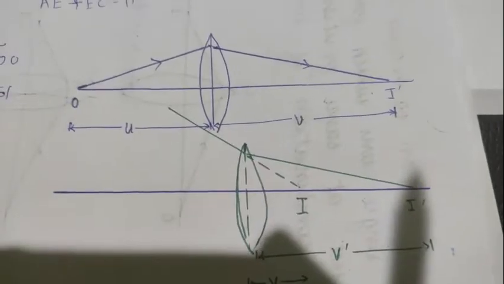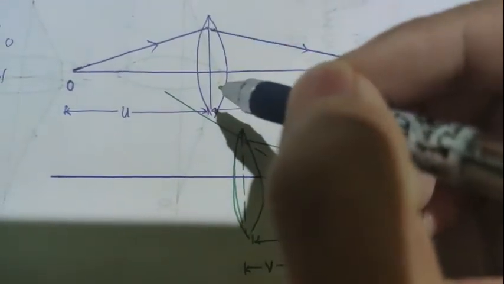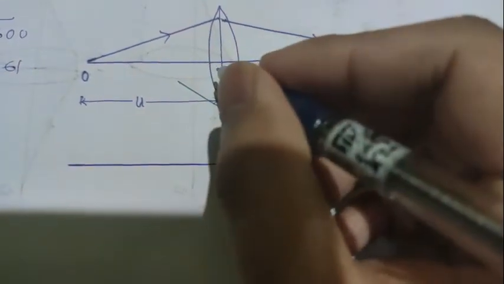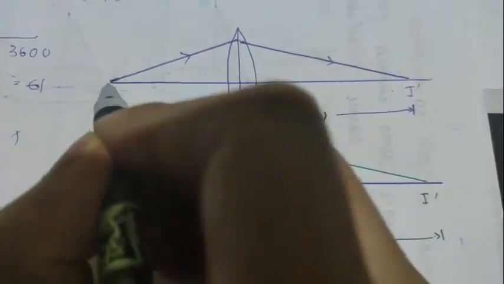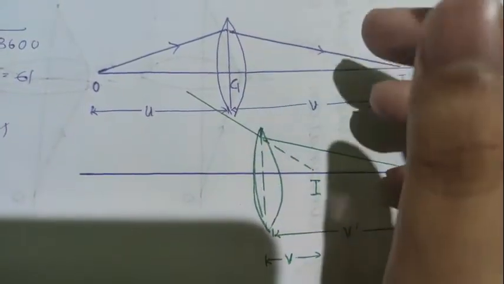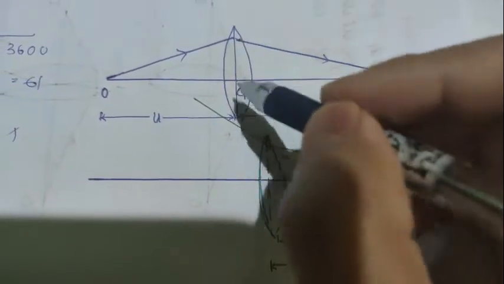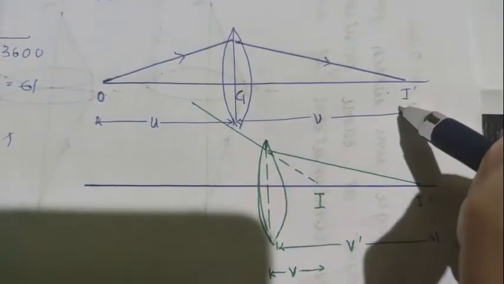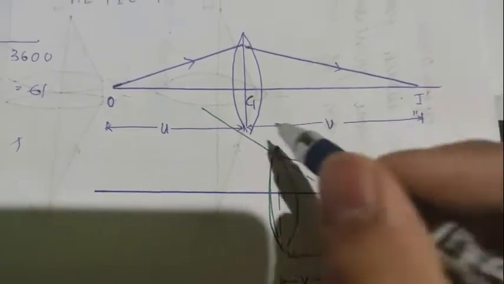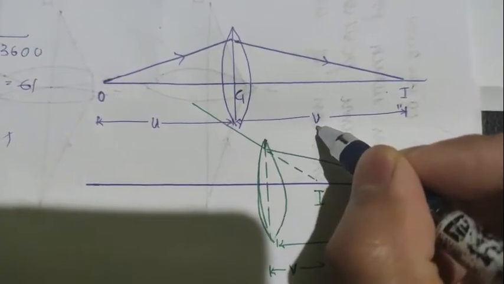Now consider lens L1 only. This point, the center, is C1. This distance is your object distance u. In the absence of the second lens, this lens forms a real image at I dash. And at what distance does it form the final image? At V. Is it clear?